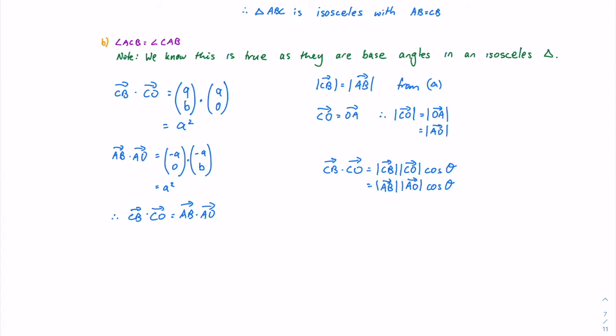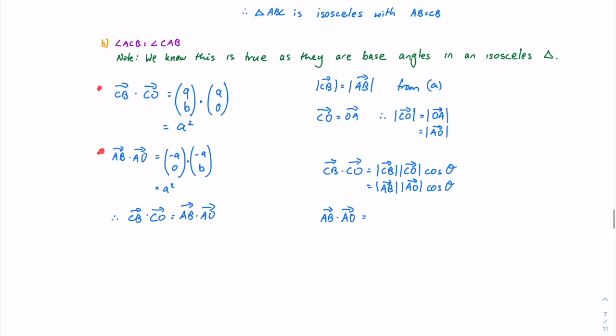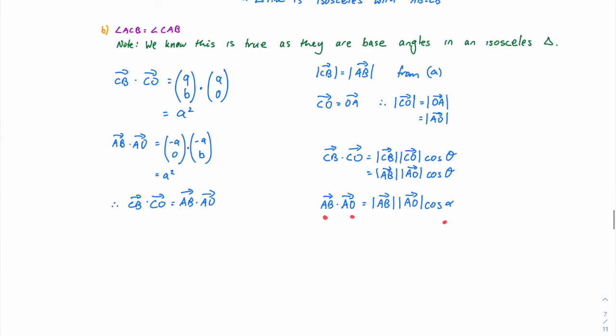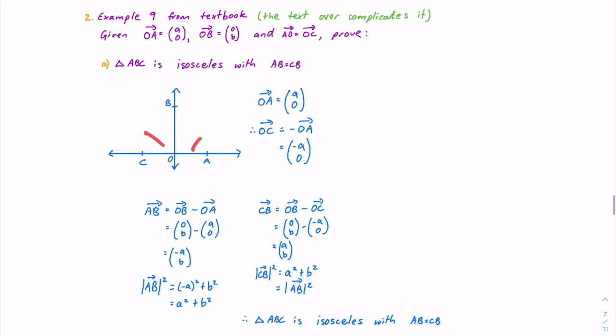So that's really useful. Now let's look at the dot product of AB with AO. So we're just looking at these same two formulas again. And we know these two things are equal, we proved them over there. So just using the formula, the magnitude of AB times the magnitude of AO times cos of the angle between them. Now the interesting thing here is we know from our diagram that both those angles are acute.